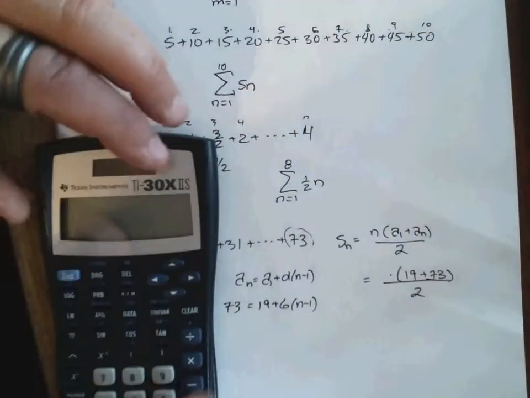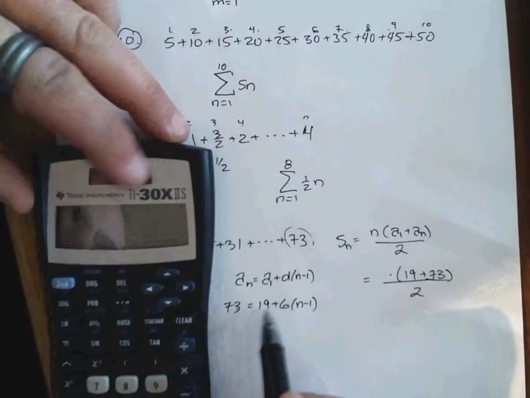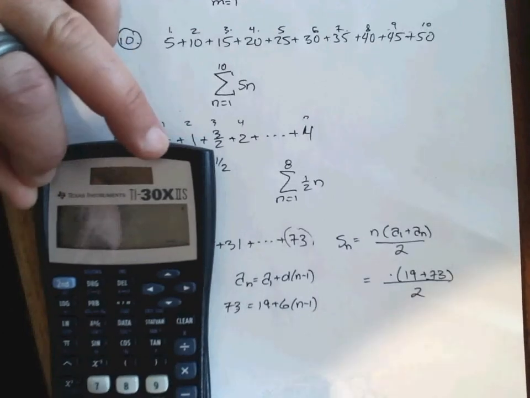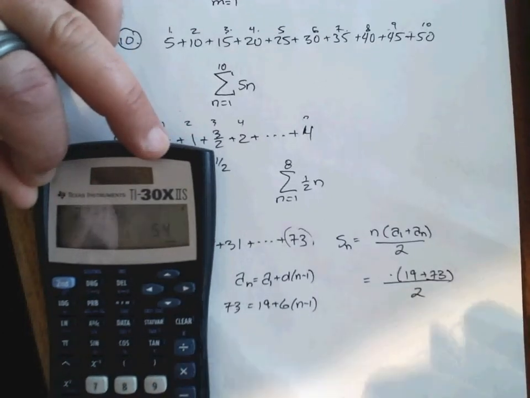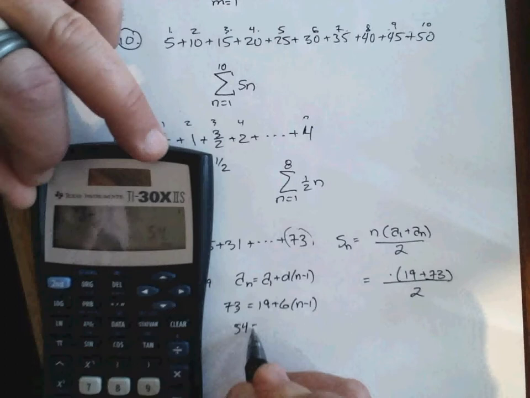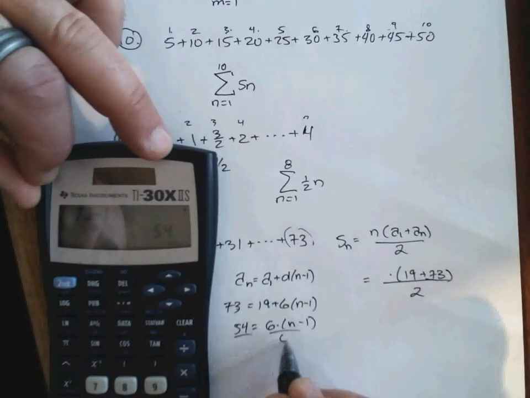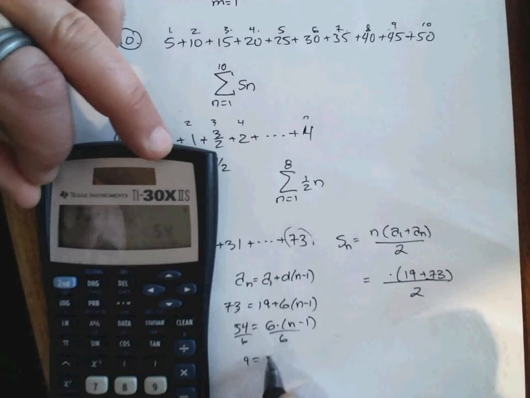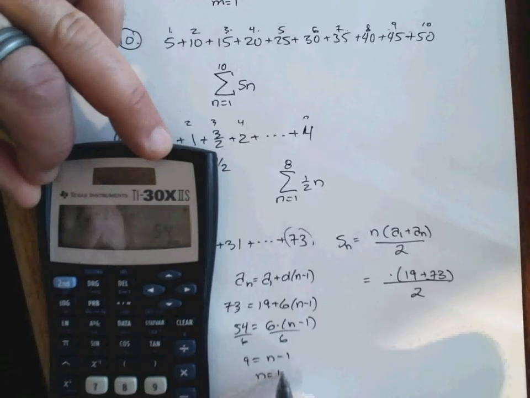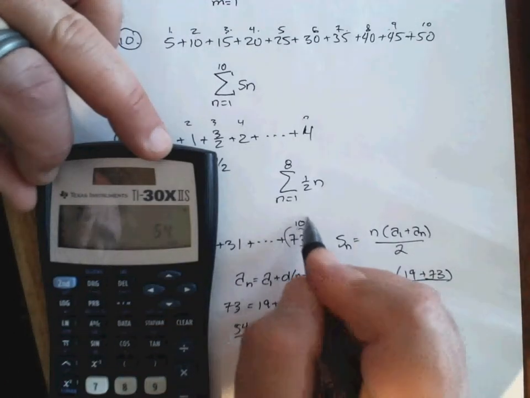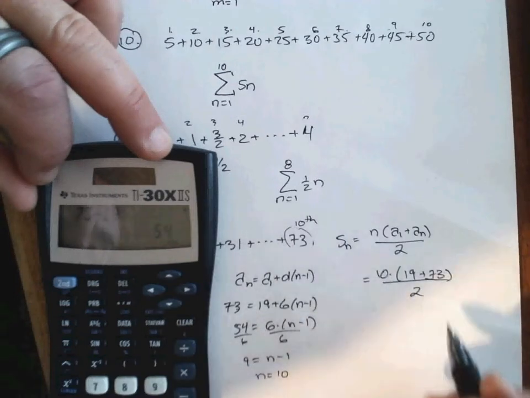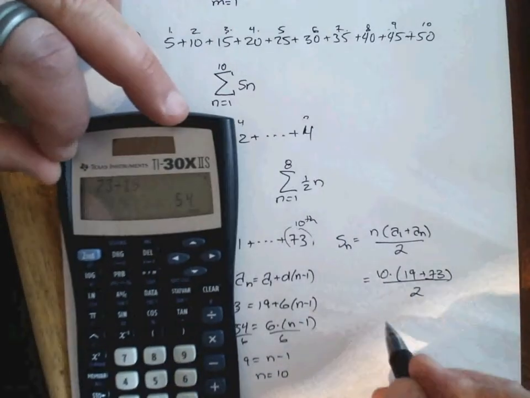Take your calculator to help you: 73 minus 19 gives you 54, is 6 times n minus 1. Now divide both sides by 6. 9 is n minus 1, so n is 10. This is the 10th term.